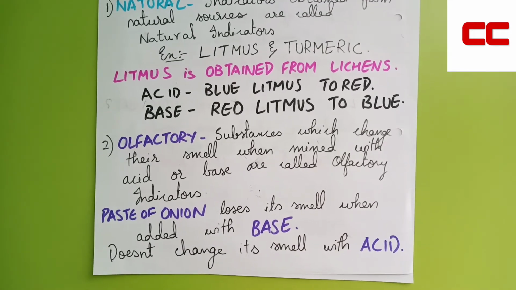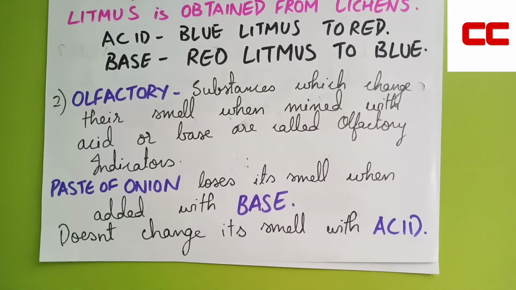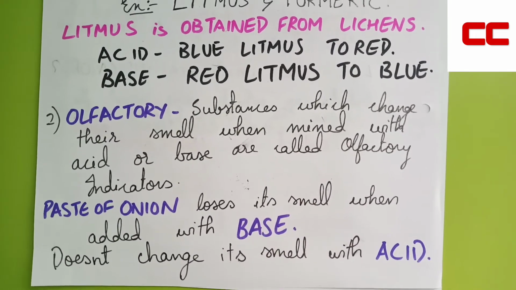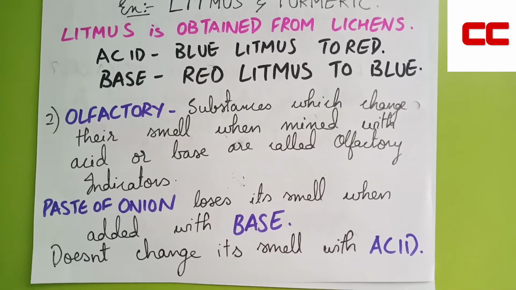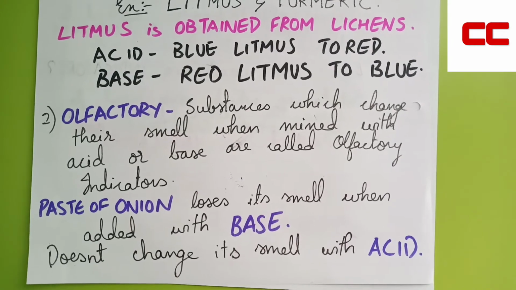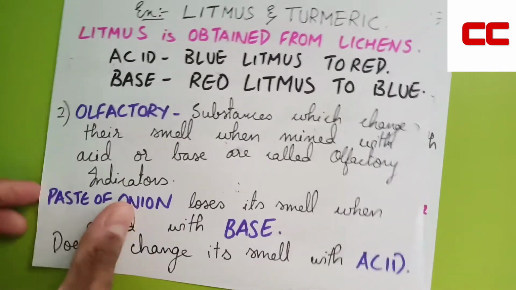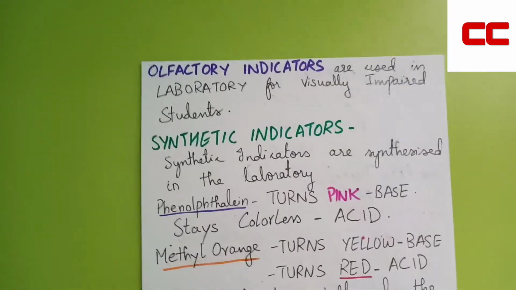That means if you make onion paste and add it to a base, which has a pH value of 8 to 14, where 7 is neutral, the onion loses its smell. But when you add the same onion paste to an acid, the smell does not change. So that's what you need to remember here.